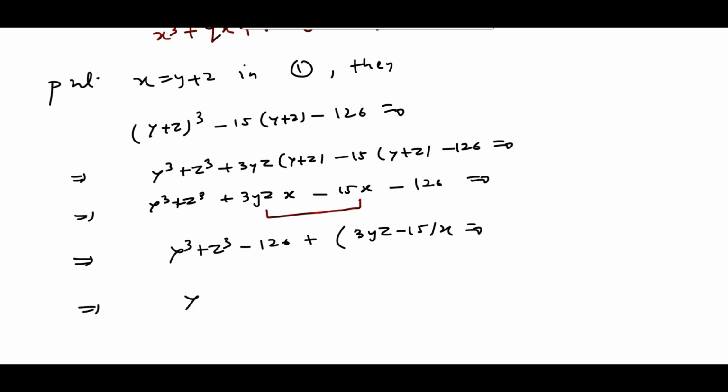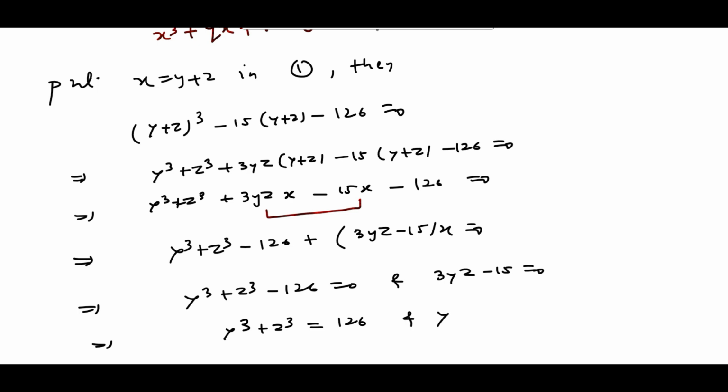So from here we can write y cube plus z cube minus 126 is equal to 0 and 3yz minus 15 is equal to 0. So from here y cube plus z cube is equal to 126 and yz is equal to 5.